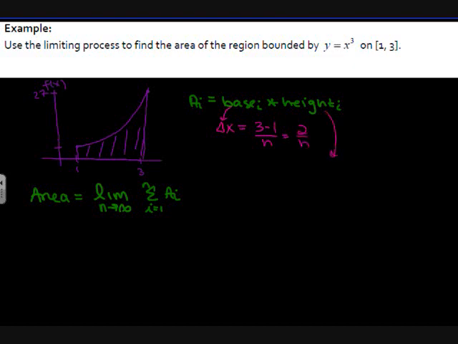And our height is always equal to f of the left endpoint of the interval plus i times delta x. Okay, so for this one, we're going to have f evaluated at 1 plus our delta x, which was 2 over n, so this would be 2i over n.